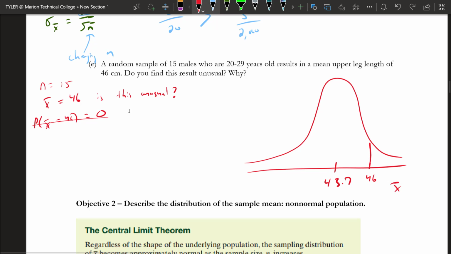So what if I calculate the probability of being 46 or higher, and see if that's unusual? Remember, for continuous variables, we need to calculate the probability over an interval. So if I think about the probability of x bar being greater than or equal to 46, and if this is less than 0.05, then we would conclude that it's unusual.